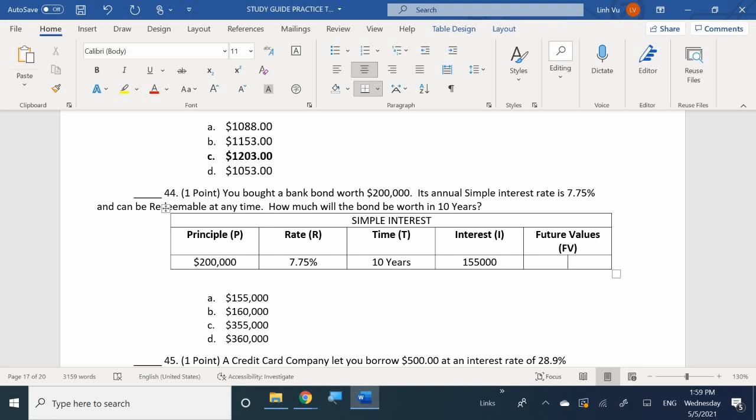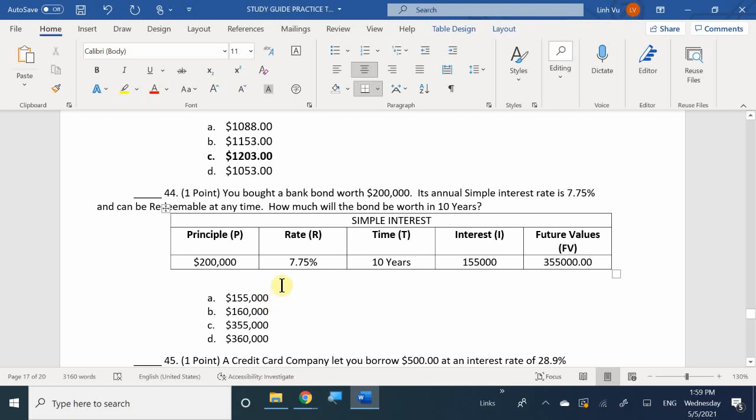No worries. So then, therefore, what should be your future value? C. Yes. So you're going to add your principal to your interest to give you 355,000. So the question here is, how much will the bond be worth in 10 years? So this is asking you what the future value is. And you can't solve the future value unless you solve for the interest. So in this case, this may be a two-stepper question. So make sure that you are aware of what the question is asking, because here I've also included the interest answer as well.